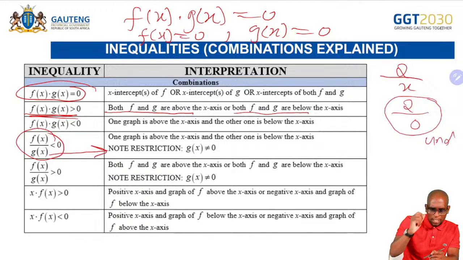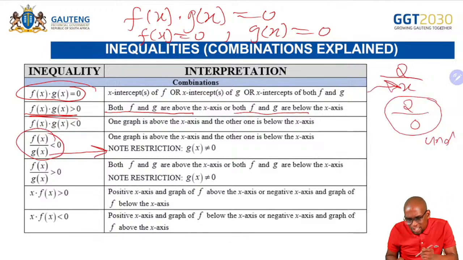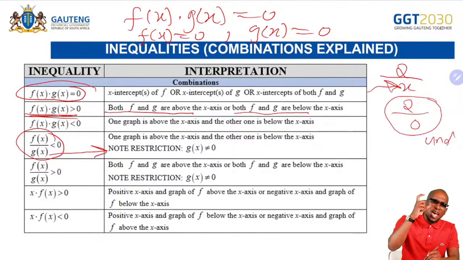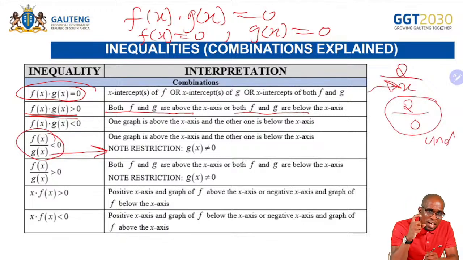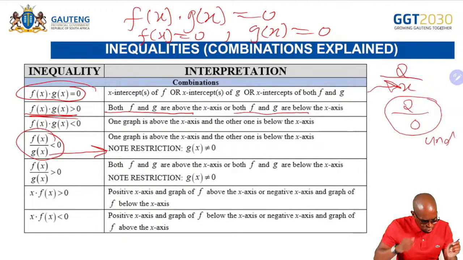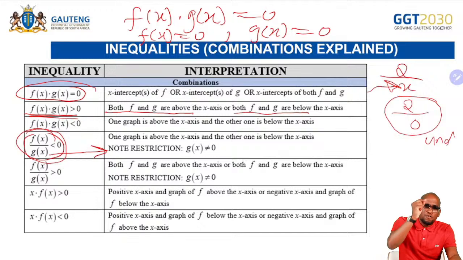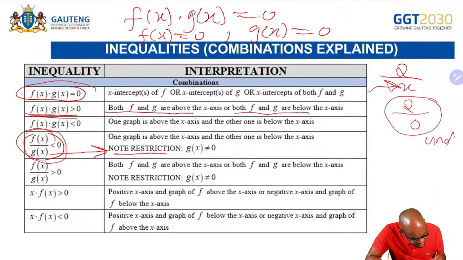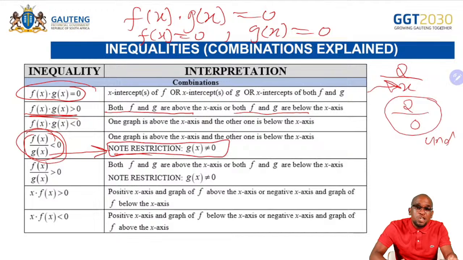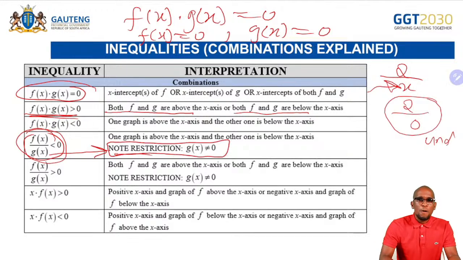So naturally, when I have an algebraic fraction, when I have a division there, the denominator should never be equal to 0. So I bring along that concept here. F divided by g, I'm saying note the restriction. G should not be equal to 0 because a fraction, when the denominator is 0, becomes what? Undefined. It is undefined, right?